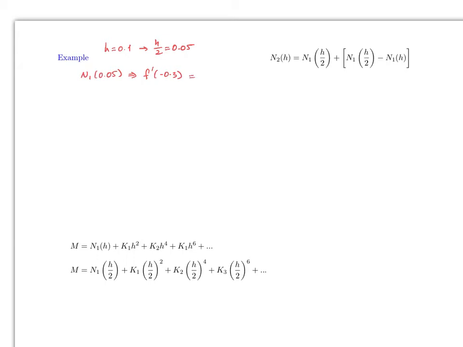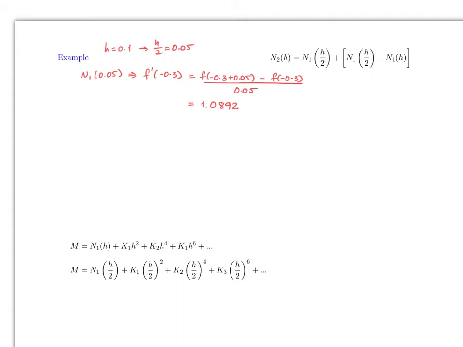So this should be equal to f(minus 0.3 plus 0.05) minus f(minus 0.3), everything divided by 0.05. This is the new h now. Once you simplify everything, you should check this by yourself. Stop the video and do all the computation. It should be 1.0892.